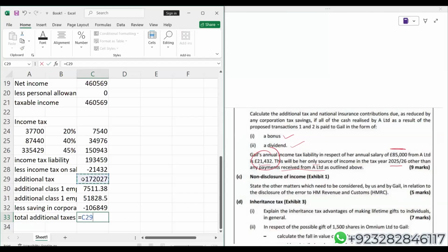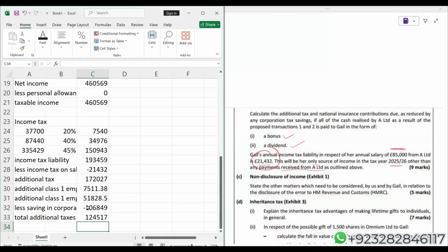It's here. Plus this, and this is going to be the saving. So additional taxes there will be 1,24,517 if the entire amount which is coming from transaction 1 and 2 is given to Gail as bonus.